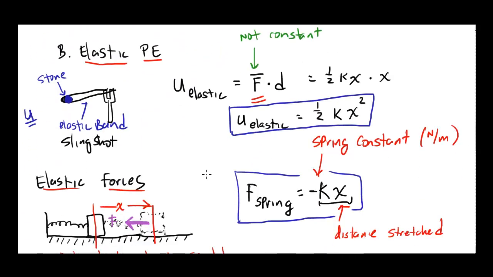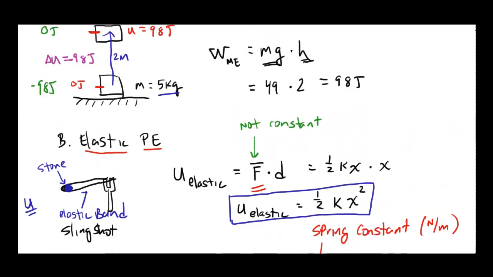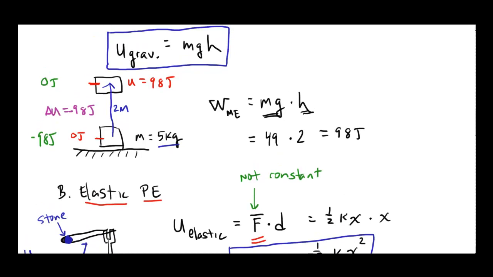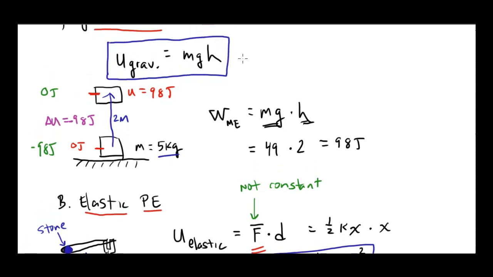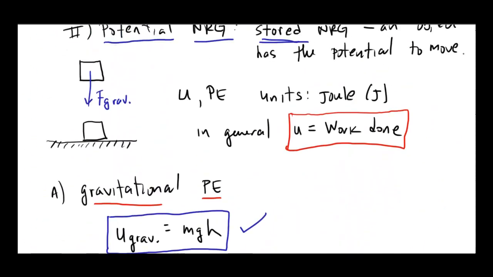In the case of, say, a slingshot, when I pull the slingshot back, the elasticity of the elastic band gives the stone or whatever the potential to move. In both cases, the potential energy is equal to the work you do bringing the object to that position. In the case of gravity, that work is mgh. In the case of the elastic force, it's 1/2 kx squared. Okay, that's all for now. We'll practice this next class.